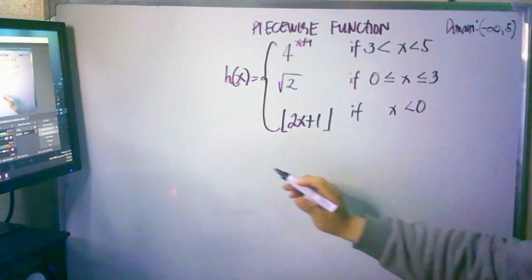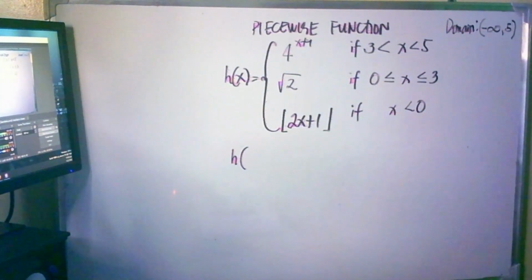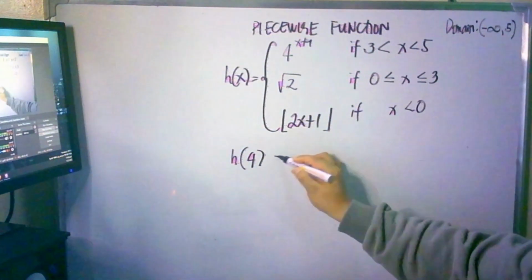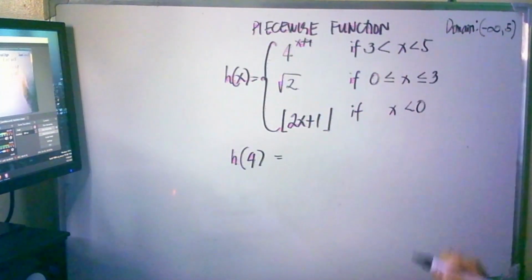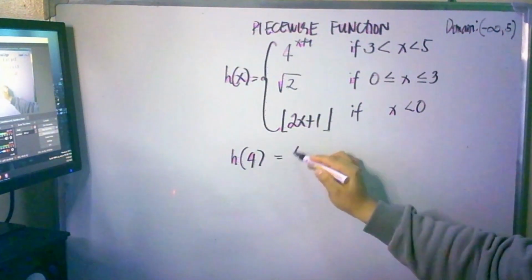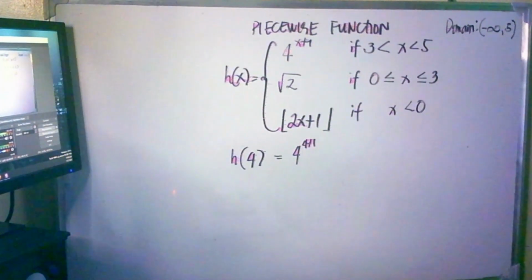Now let's try to evaluate some. Say, h of 4. How do we evaluate this one? Ano? First piece. We use the first piece because 4 is in this interval. So 4 raised to 4 plus 1.